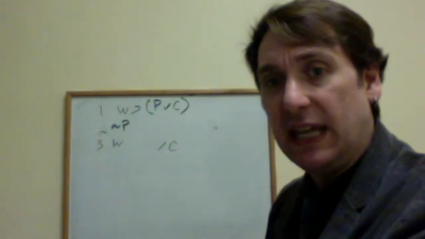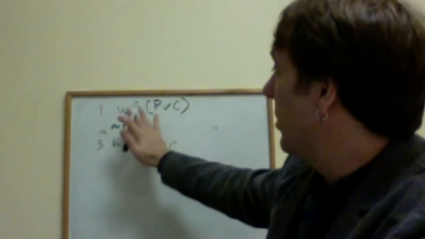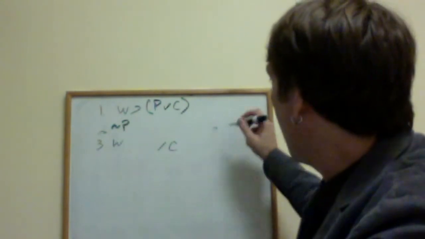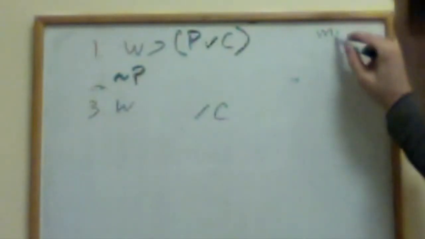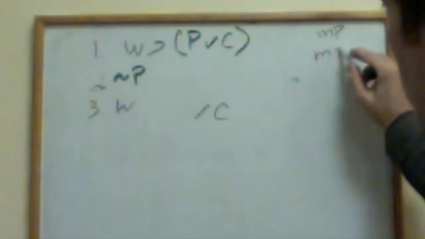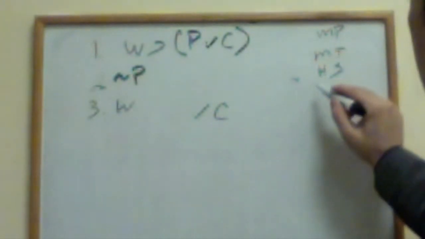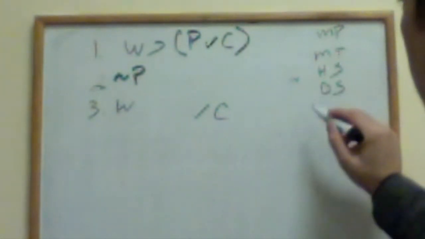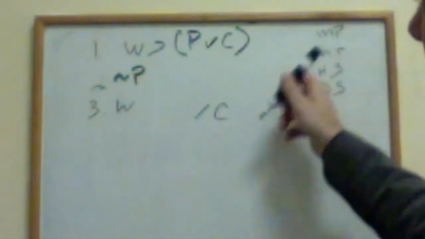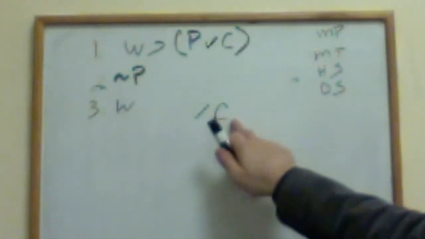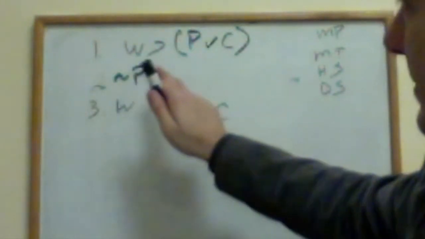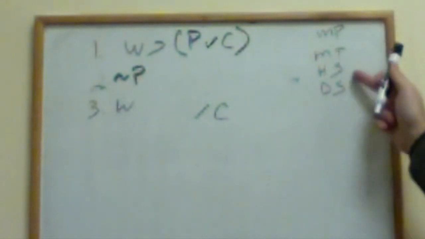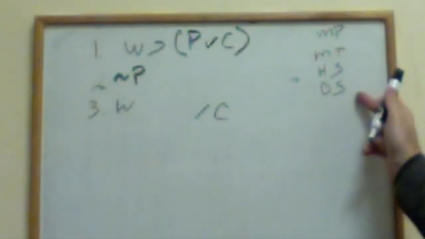So this is the argument that we're presented with. We've taken it from the English and translated it into our propositional logic. And now we have our 4 rules: Modus Ponens, Modus Tollens, hypothetical syllogism, and disjunctive syllogism. And what we want to do is to find this conclusion in these premises and to show that it follows by an application of these rules.